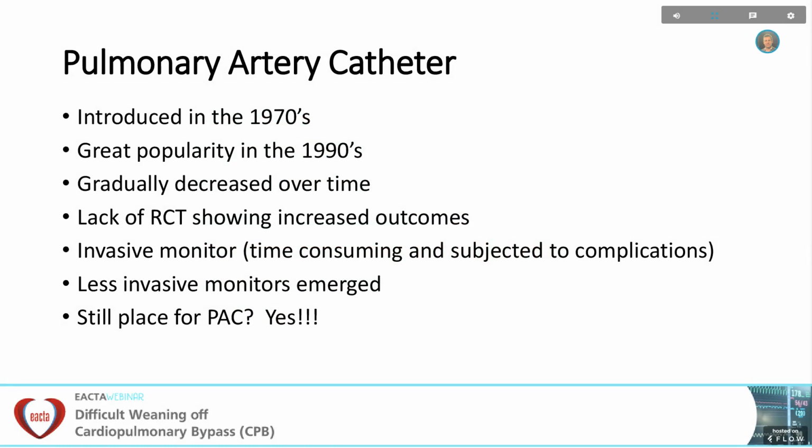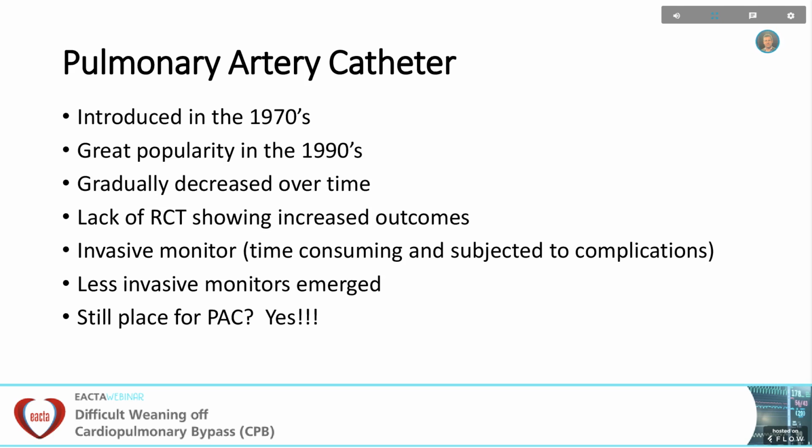The pulmonary artery catheter was introduced in the 70s. It had great popularity in the 90s, and gradually decreased over time because large randomized controlled trials failed to show a benefit in outcomes.